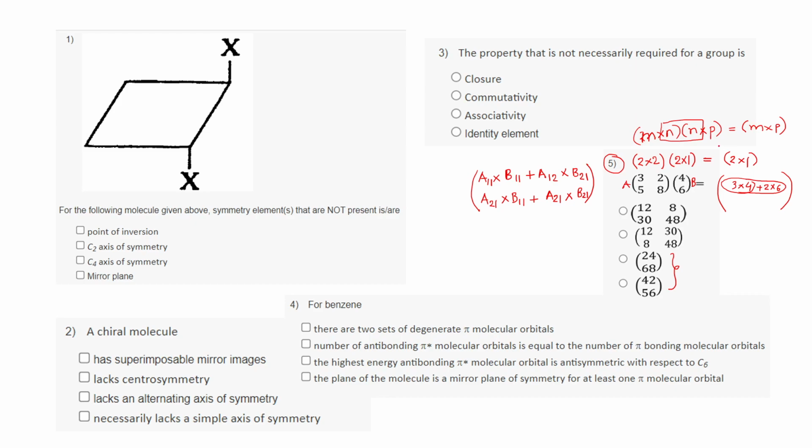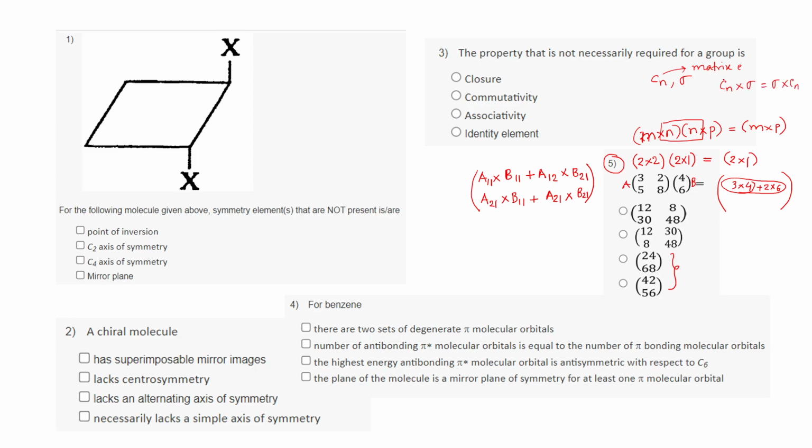Okay. Whatever symmetry operations or symmetry elements I was talking about, Cn, sigma, these things, they can be represented as matrix elements. And I was talking to you about associativity or the closure property, where Cn sigma should be sigma Cn.